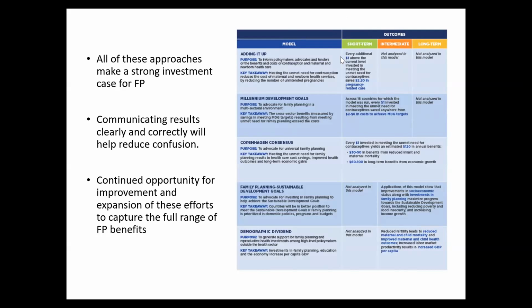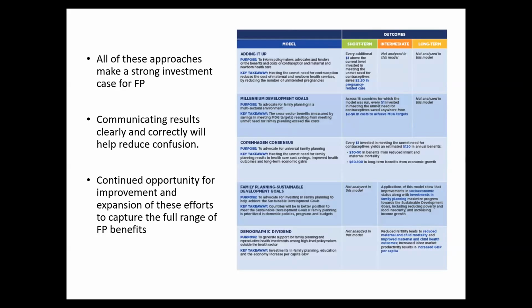And so clear and correct communication, we hope, will help us as advocates, as analysts, to be credible, so that those who are audiences don't feel like we're giving them a whole range of different estimates that don't make sense. I've mentioned that I think there's a continued opportunity for improvement and expansion of these efforts.